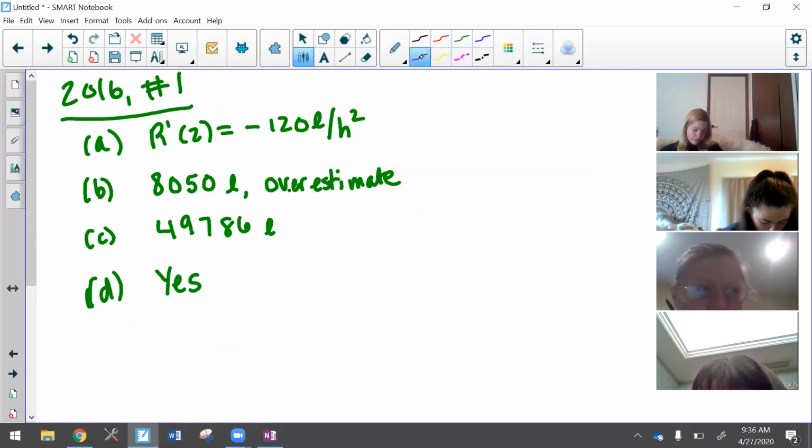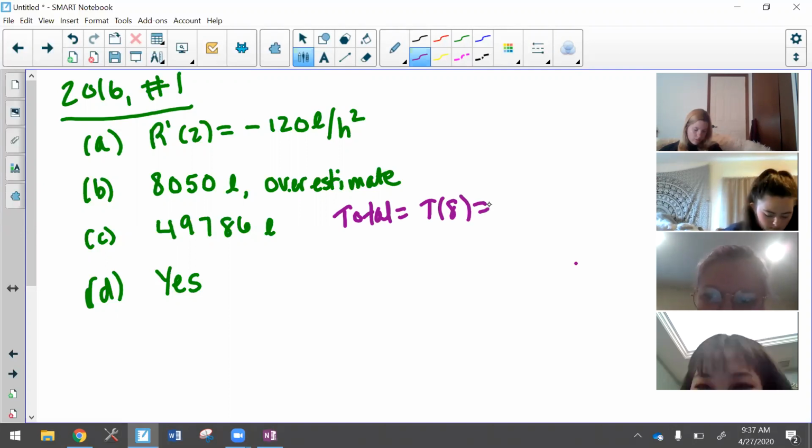So for part C, the total is going to be... I'm looking for the total at time t equals 8, right? Because that's the end of my 8 hours. So it's going to be whatever I started with.